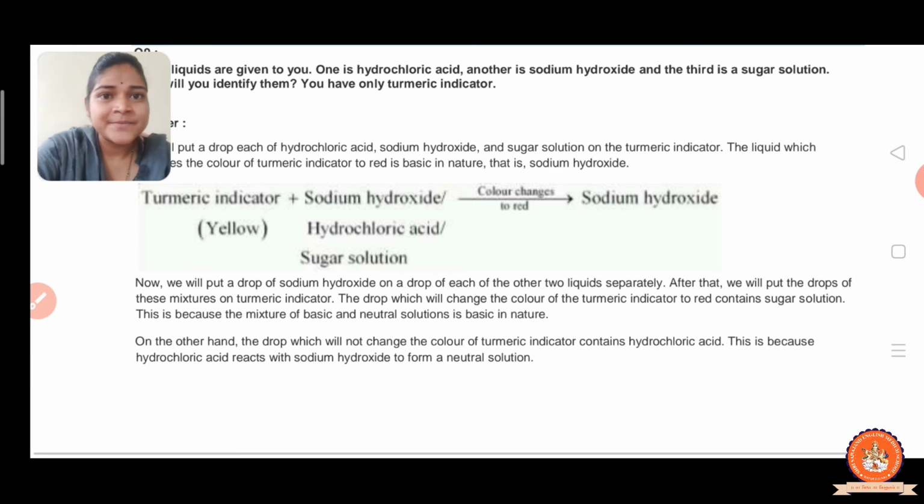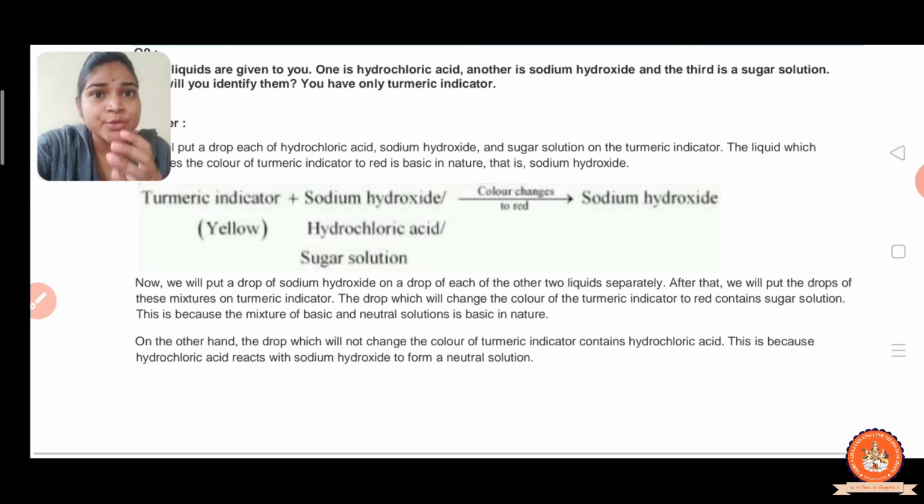But when the sodium hydroxide is added to the sugar solution, what happens? It turns basic in nature. Why? Because the sugar solution is a neutral solution. In a neutral solution, when you add a basic solution, it becomes basic in nature.